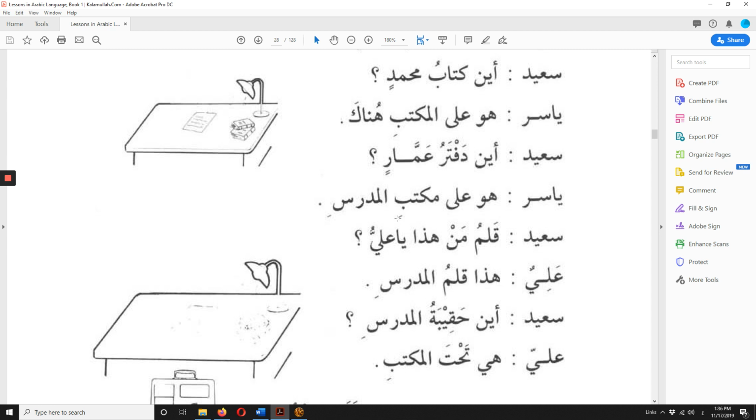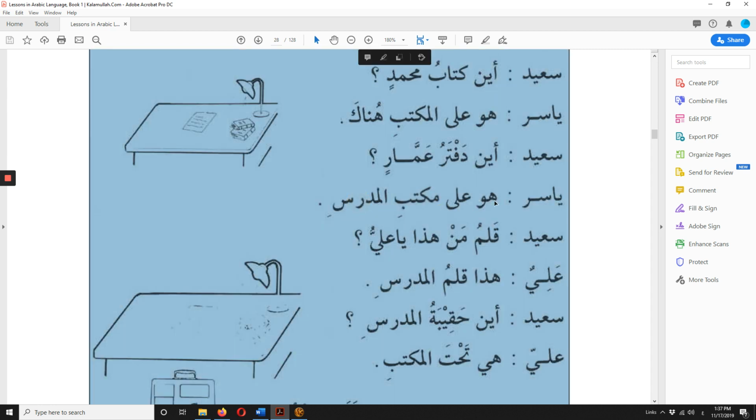So ala makes it kasra, mudarris makes it one kasra instead of kasratain. So huwa ala maktab al-mudarrisi. And then instead of being al-mudarrisu, it's mudarrisi, it's majroor, because it possesses maktab.